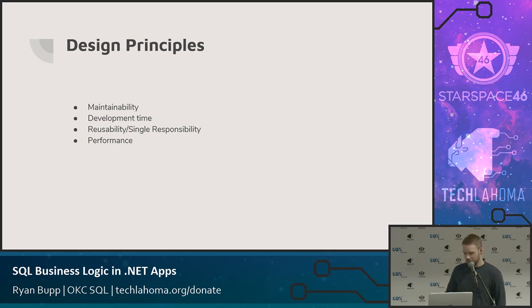So, a couple of design principles before I get into why you would do the same. These are the most important things to me, because you can go out and find a list of design principles online. Maintainability, I think, is number one. If I write slow code, if it's maintainable, I can fix it. If I write a giant hornet's nest of nasty stuff that's all bundled together, I can't fix it.